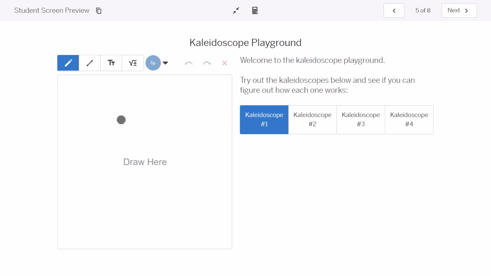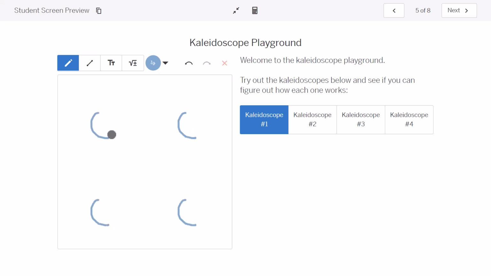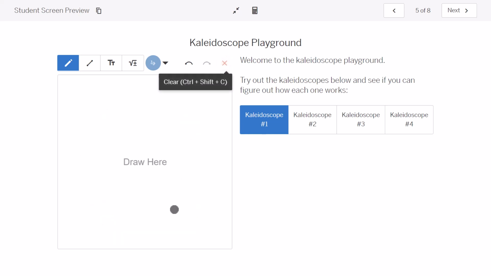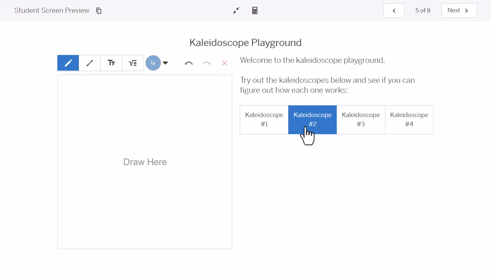For the first kaleidoscope, you're asked to draw in a certain space. I'm going to try a different shape. So think of how you would describe what was happening to somebody else. Then experiment with the other kaleidoscopes and see if you could do the same thing. How would you describe what was happening there?